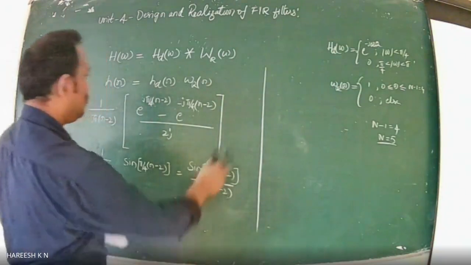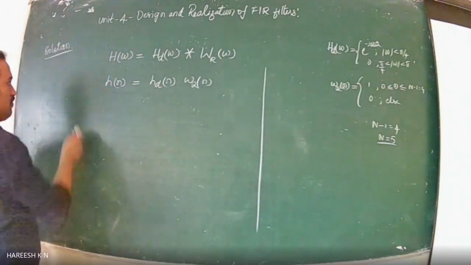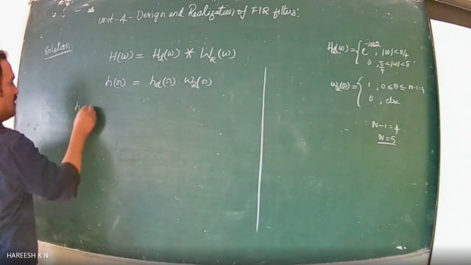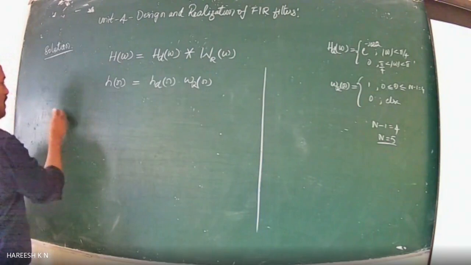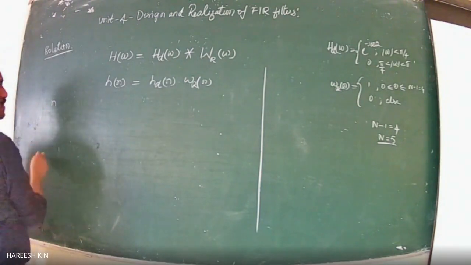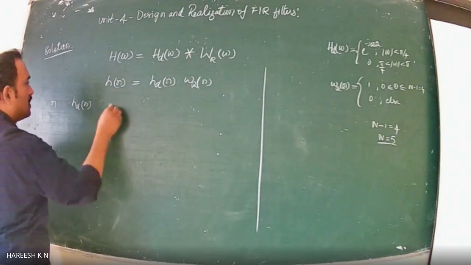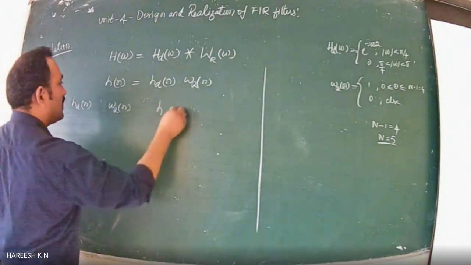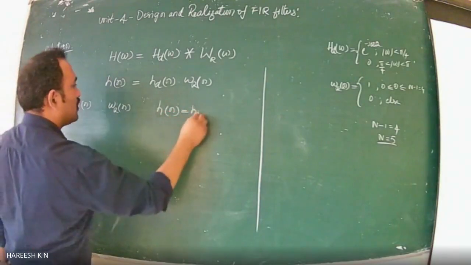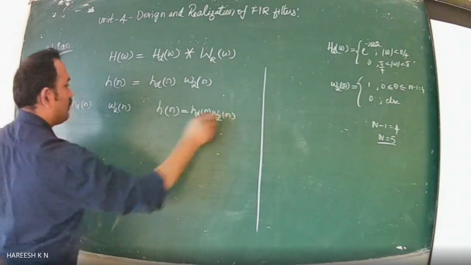Therefore, h of n is equal to, now we need to find this. How to find it? Let me make a table by considering the value of n, hd of n, and wr of n, and finally we need to get h of n, which is equal to the product of hd of n and wr of n, right?